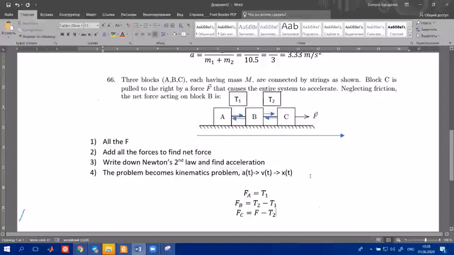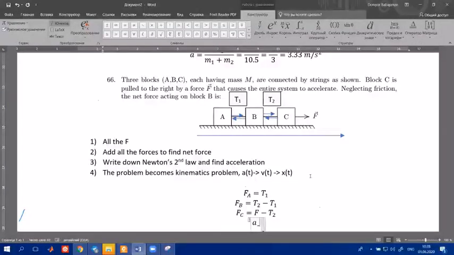So we have three bodies, we have three Newton's second laws, and we have three accelerations. Let's write three accelerations using Newton's second law.